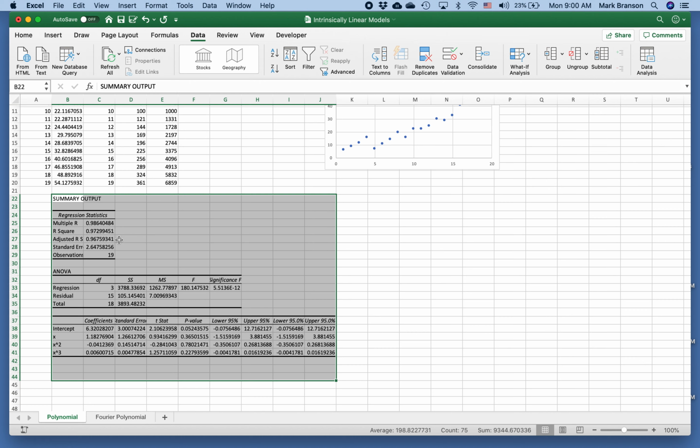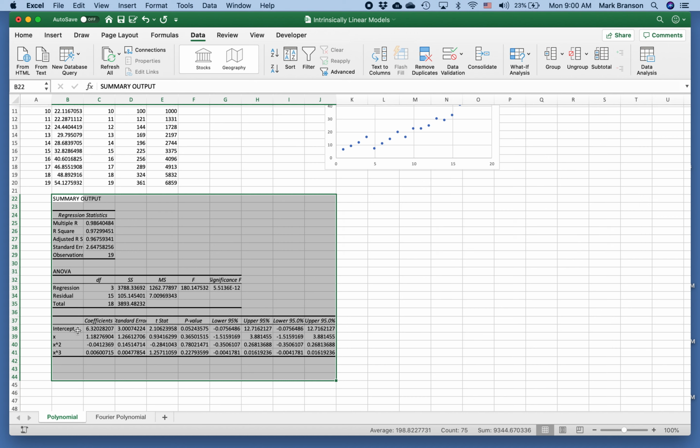That's pretty good. There's also the adjusted r squared, which for those of you who've done any statistics is actually a little bit better, but you can see they're not that different here. Again, just like we did before, an r squared close to 1 means that our regression is pretty good.